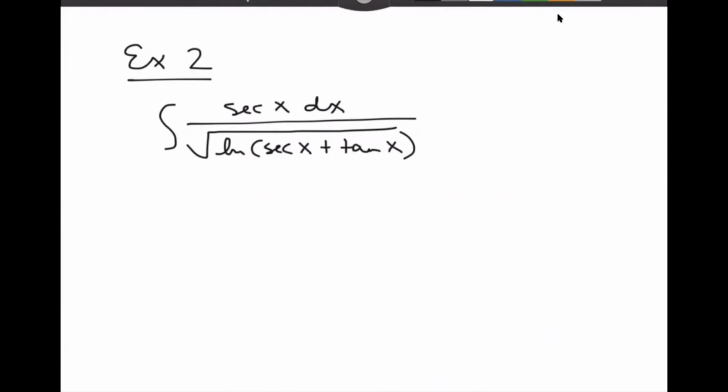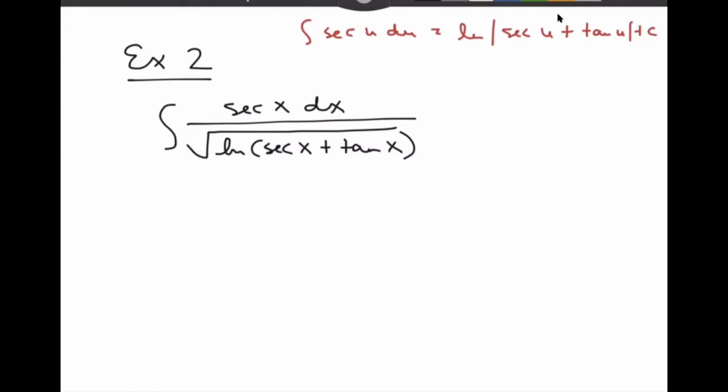Let me remind you what that formula said. It said that the integral of secant u is equal to the natural log absolute value secant u plus tangent u, plus c.